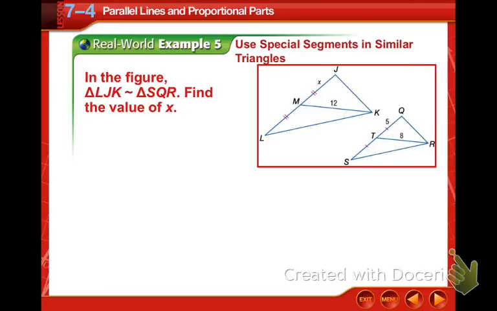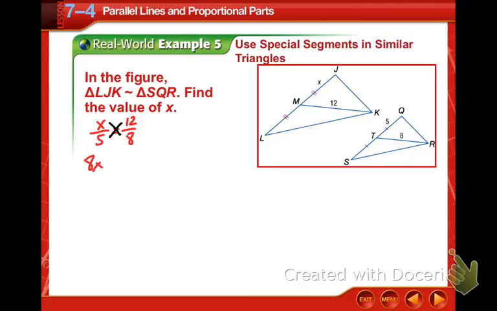Either way, it doesn't matter, because what we're going to end up doing is multiplying the 5 times 12 and the 8 times x. So x over 5 is equal to 12 over 8. We're going to cross multiply again. 8 times x is 8x.